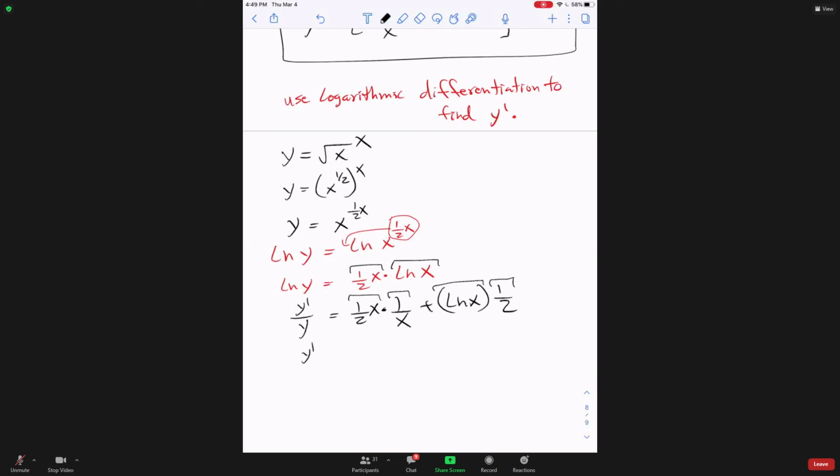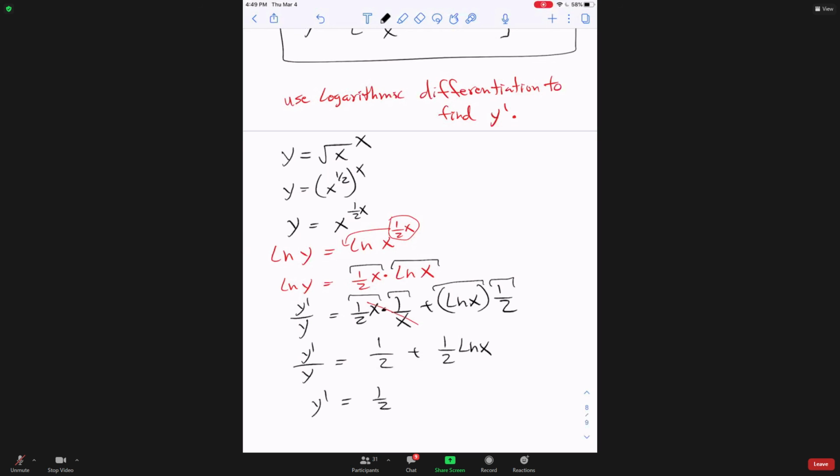Now, we can still do some work here. The x's cancel out here. So you got 1/2 plus 1/2 ln of x. Multiply both sides by y.